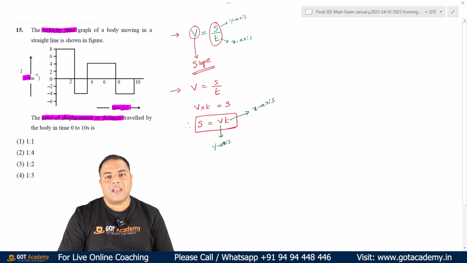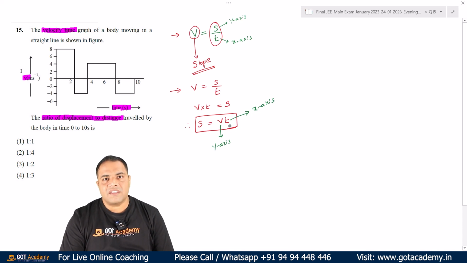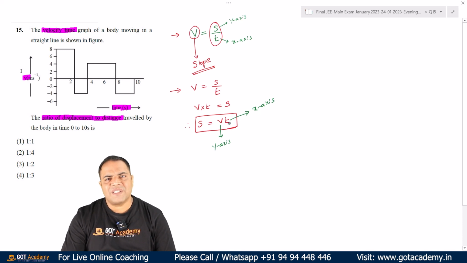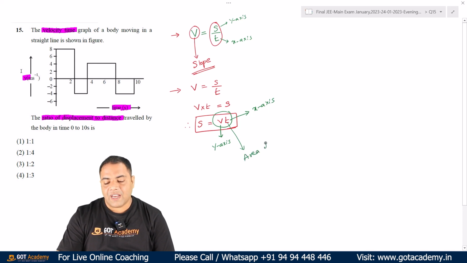If you observe here, y and x are multiplying with each other. V into t means y-axis into x-axis. So if multiplication is there, then you have to find out the area of the graph. So here S stands for the area of the graph.